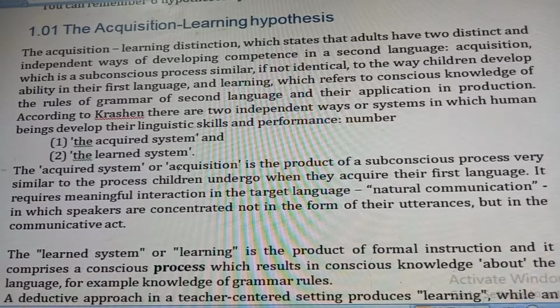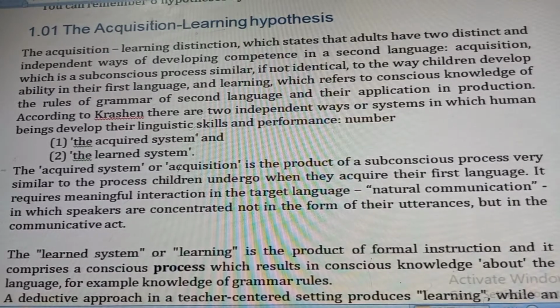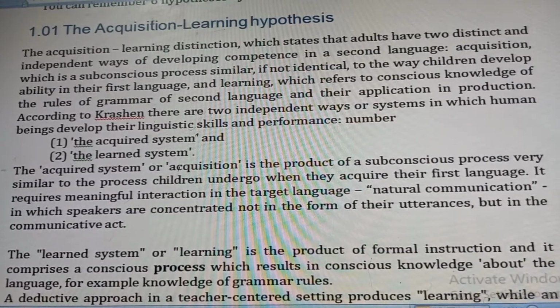The acquisition learning hypothesis. The acquisition learning distinction states that adults have 2 distinct and independent ways of developing competence in a second language.